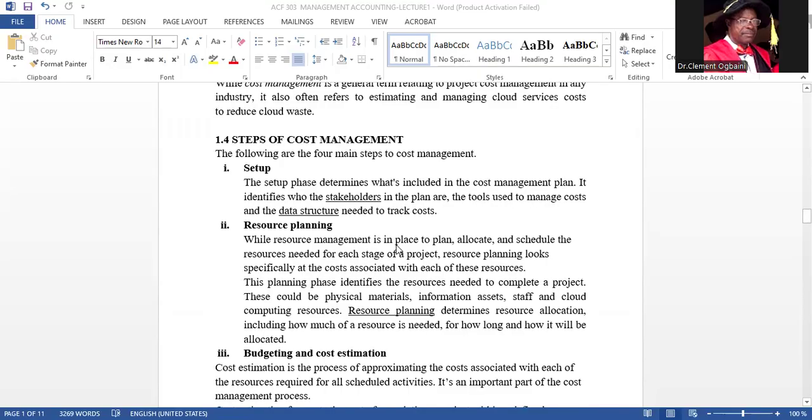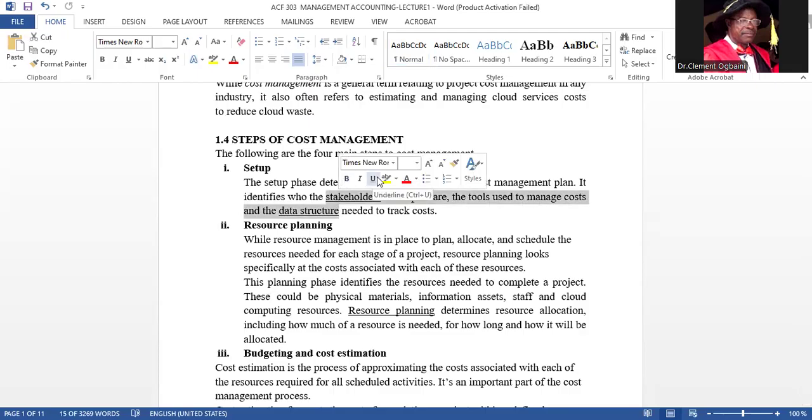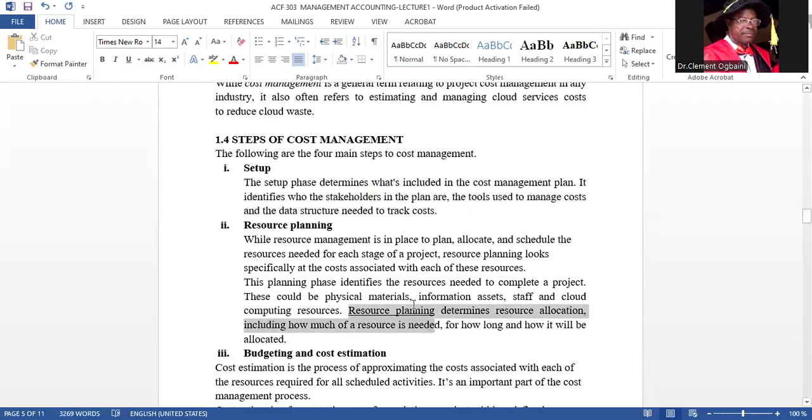Then we also have cost management. In cost accounting, we are not carrying out just recording of cost. We are also interested in managing the cost, because if your cost is high, you will not make a profit. So we manage costs to ensure that the costs are kept low so that they will not affect our profitability. One of the ways to do this is to go through the steps of cost management.